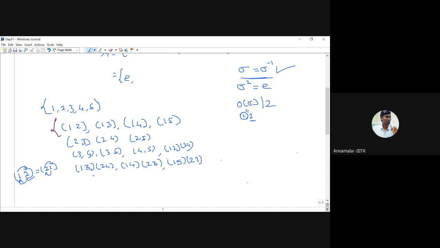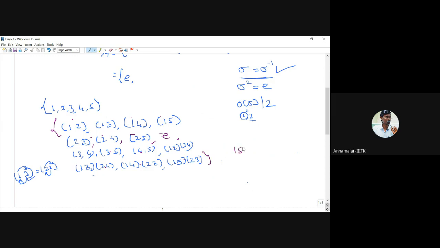And then we have to include the identity element also, which satisfies the condition e equal to sigma equal to sigma inverse. So totally, how many permutations satisfy sigma squared equal to identity? 1, 2, 3, 4, 5, 6, 7, 8, 9, 10, 11, 12, 13, 14, 15. So far we get 15.